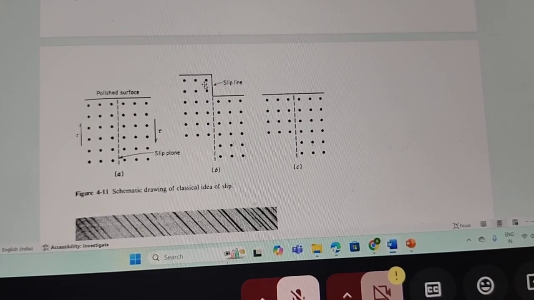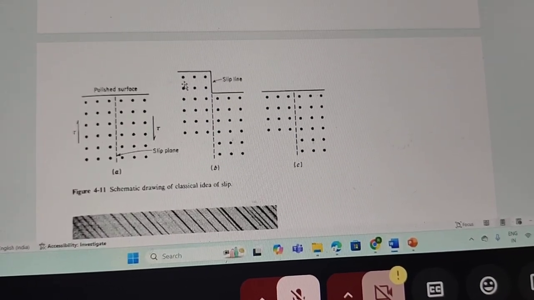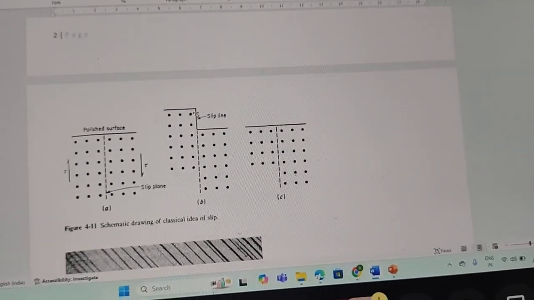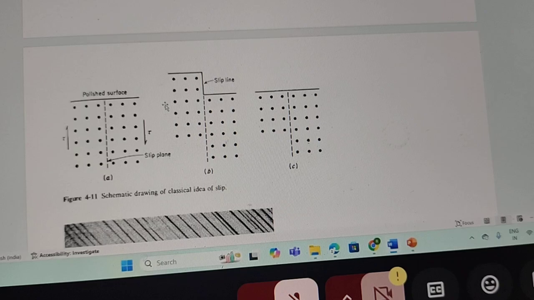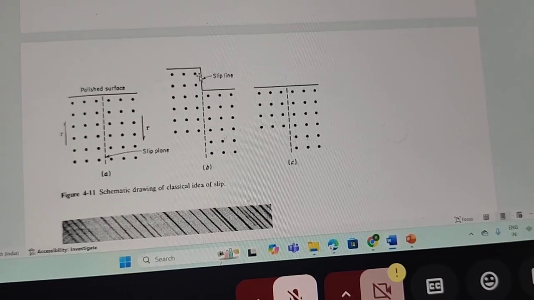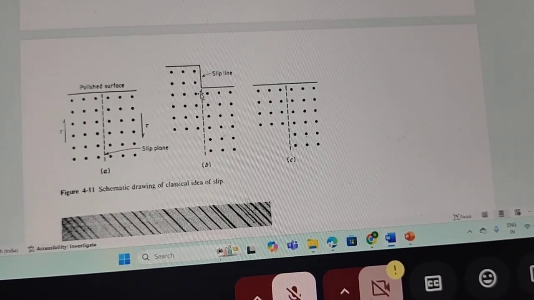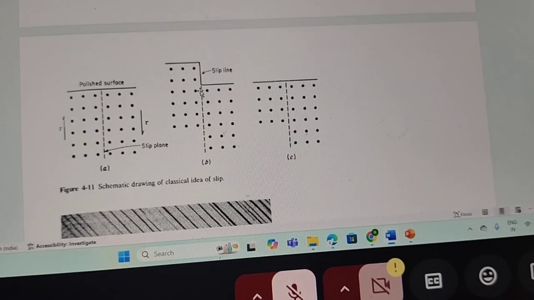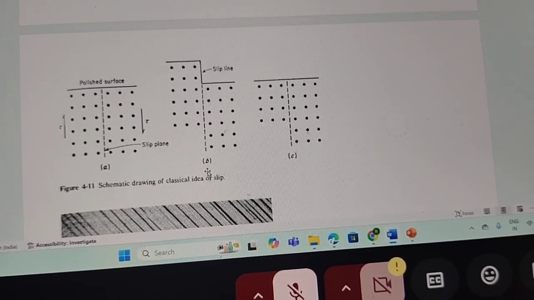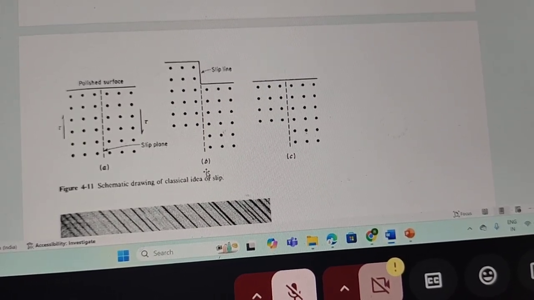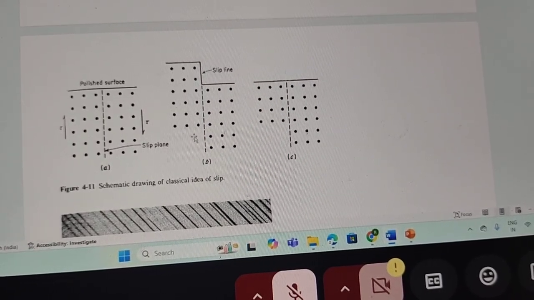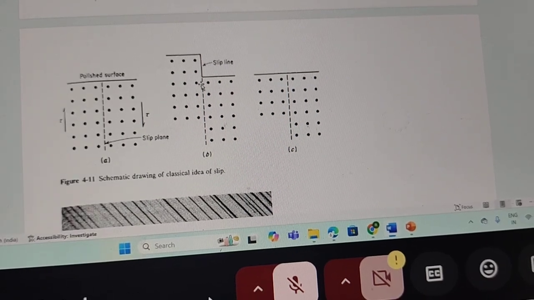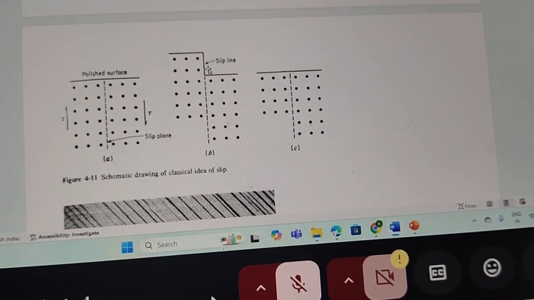That means, if you observe under the microscope, you will see this line, only this line, because you can't see the atoms, but you only notice this line. But inside the material, what has happened by then, after the application of shear stress, after a certain time, that these planes of atoms have moved two distances with respect to these planes of atoms along this line.